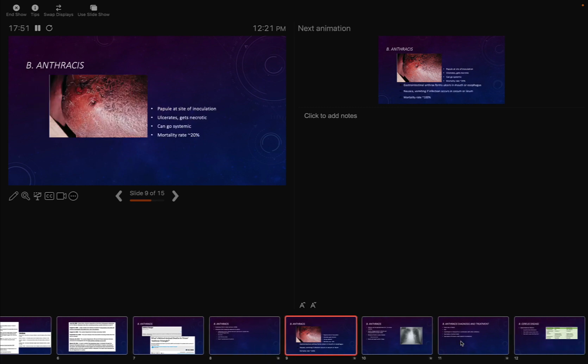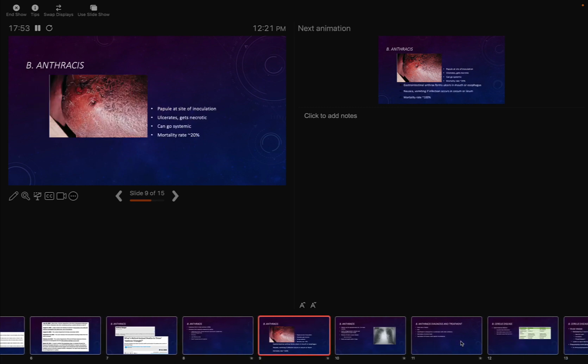So with the cutaneous form, again, you're going to see a papule at the site of infection. You can see how the ulceration and the tissue necrosis can spread from the initial wound. It can go systemic, but often doesn't. And generally, even if left untreated, the mortality rate is relatively low, about 20%.